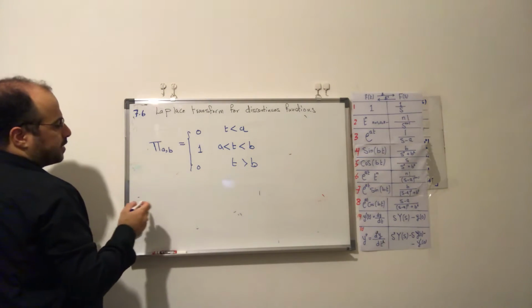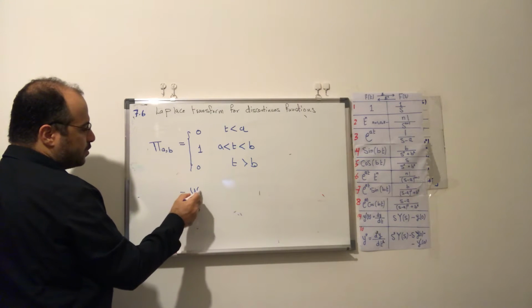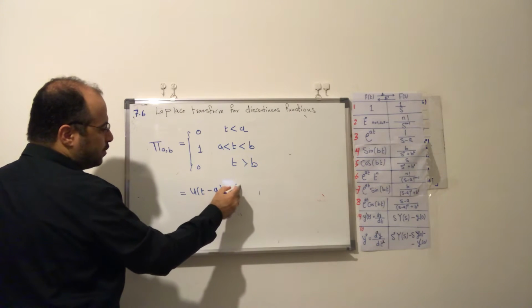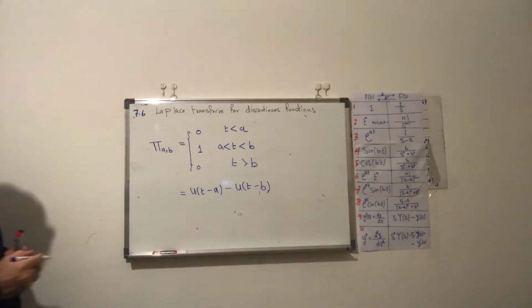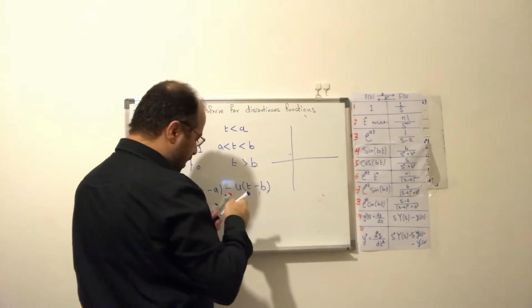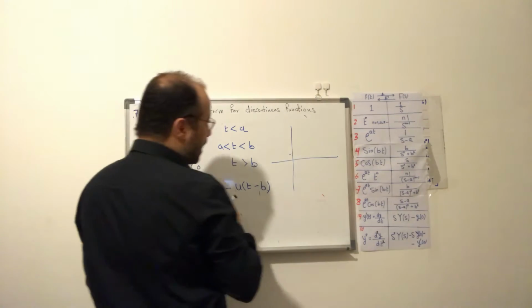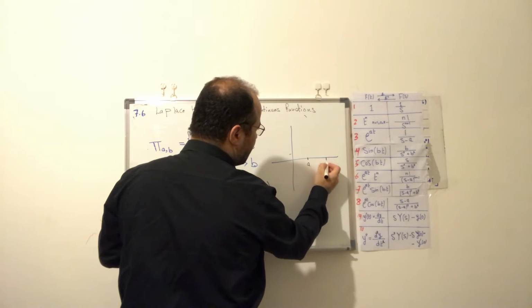Now if you calculate this one, just to let you know, this is just u of t minus a, minus u of t minus b. What kind of function is this? Let me show you the graph for this function. The function has a value from a to b here.